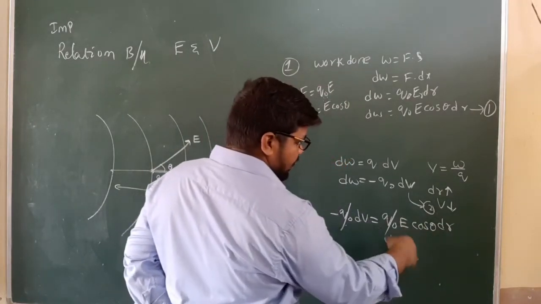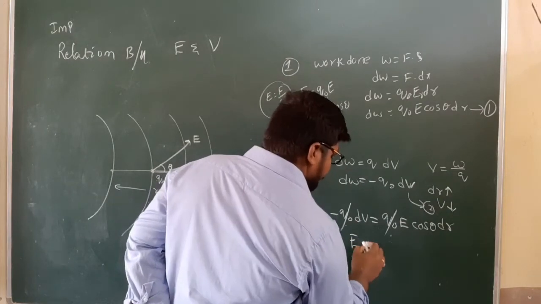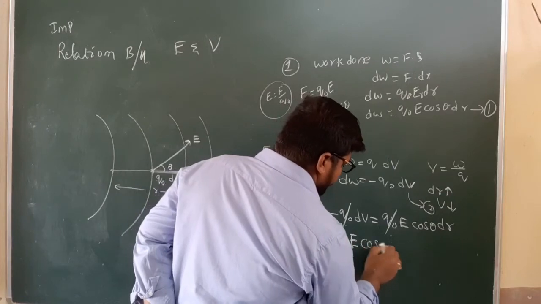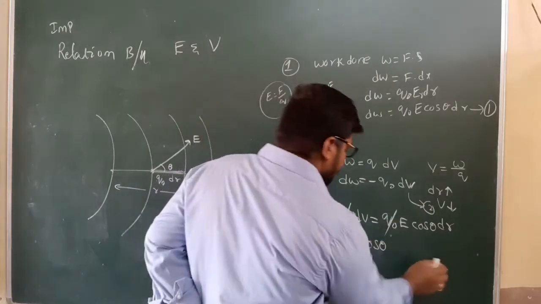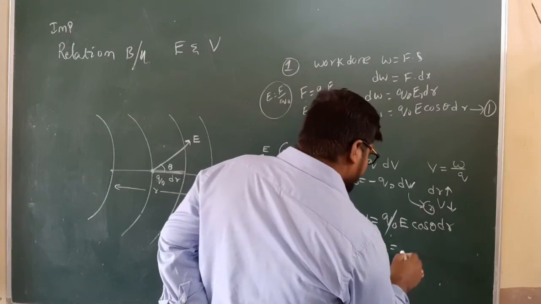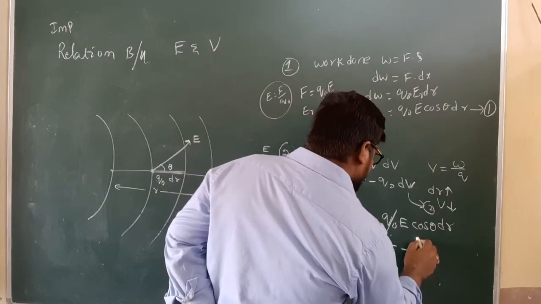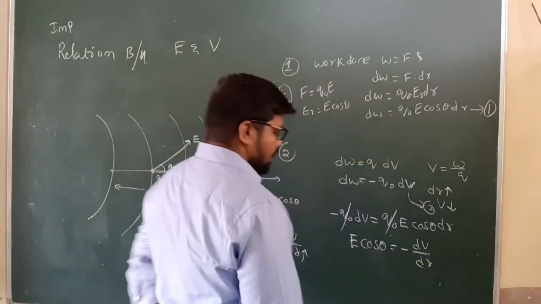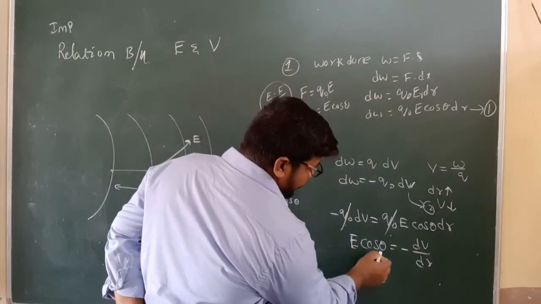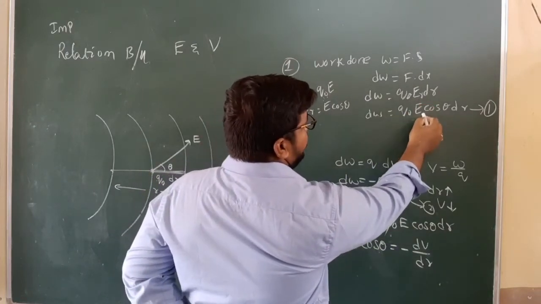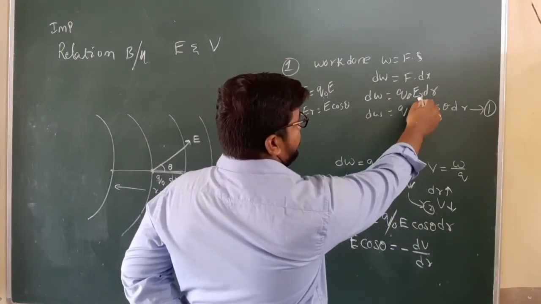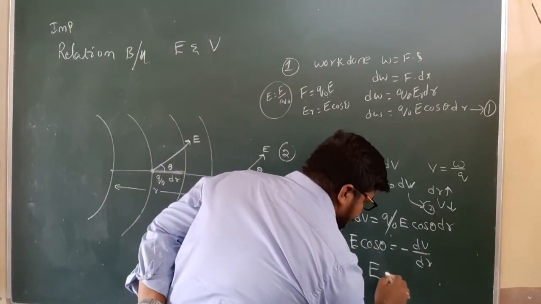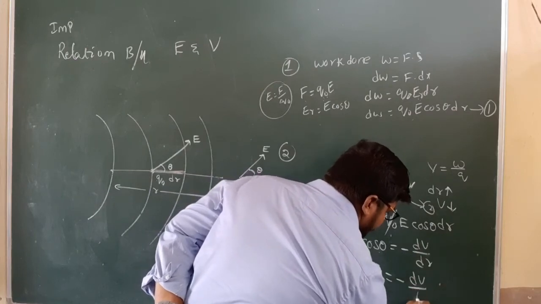So rearranging, E cos theta is equal to minus dV by dr. We know E cos theta means E_r. So we write E is equal to minus dV by dr.